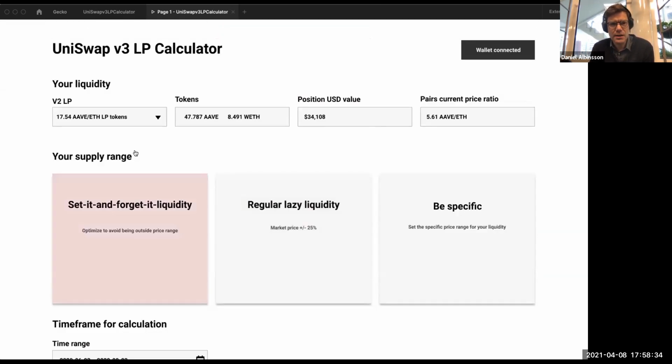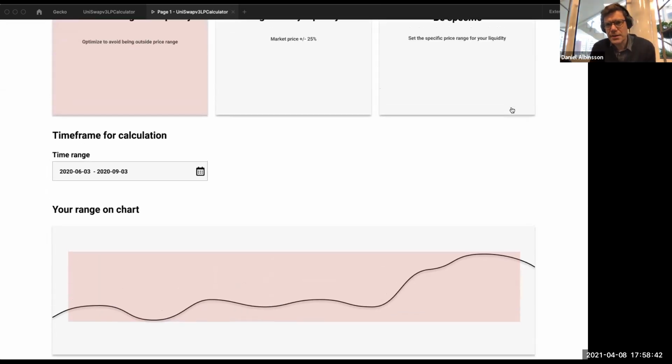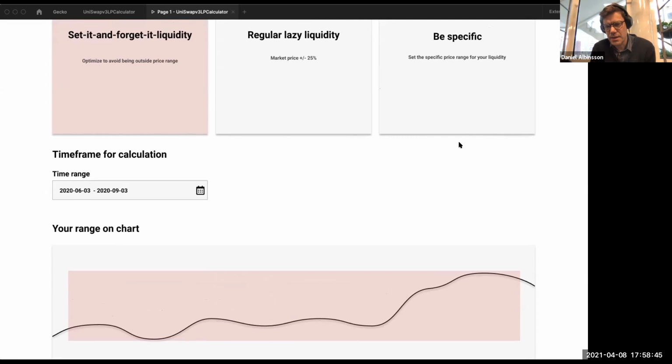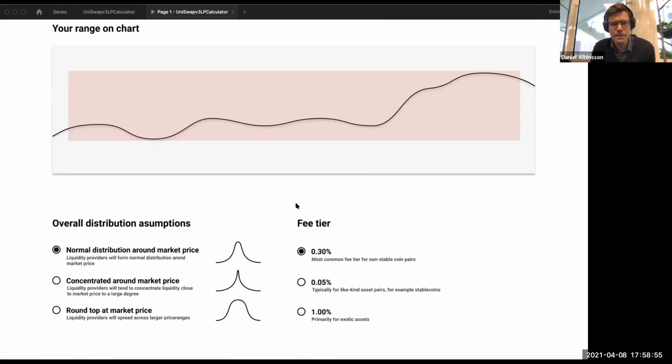And obviously set it and forget it is okay, I'm making sure I'm inside all of the time. And you could obviously change this range to fit all sorts, and you could pick a different time range and fit it to that time range and do a lot of backtesting that way.